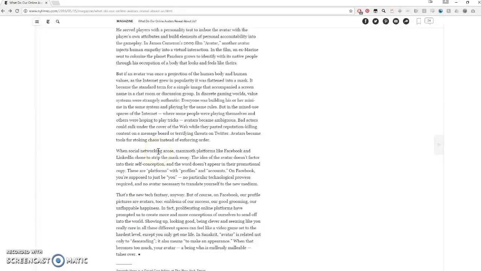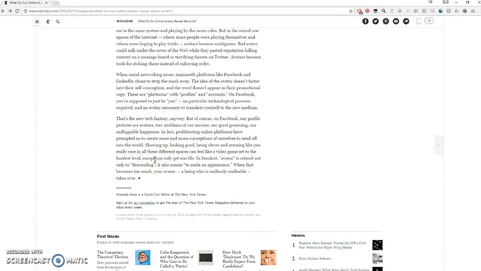Next up, we're going to want to look into authority. We're going to want to find out more about the author, about whether or not they're qualified to talk about the subject. So, based on what the article tells us, we know that Amanda Hess is a David Carr Fellow at the New York Times.